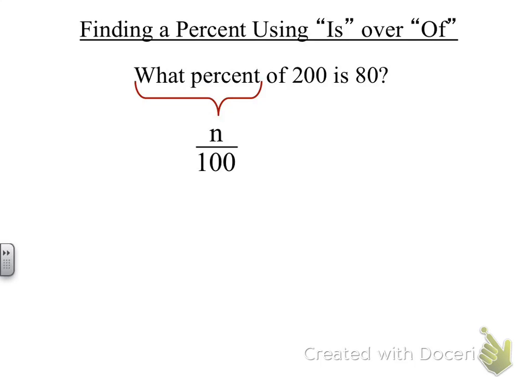When it says what percent, we don't know what that number is over 100, so we're going to put N or X. And now it's percent over 100 is equal to is over of. So my is will go in the numerator, my of goes into the denominator, meaning the number that is closest to the is.